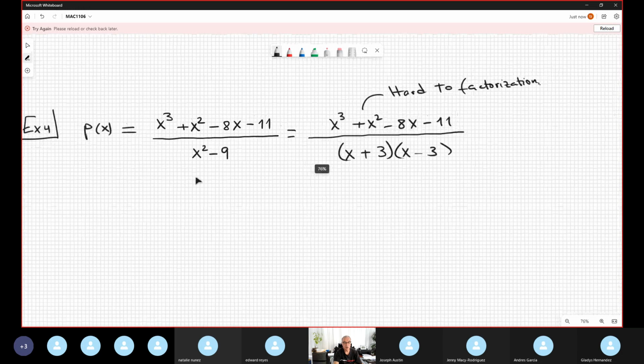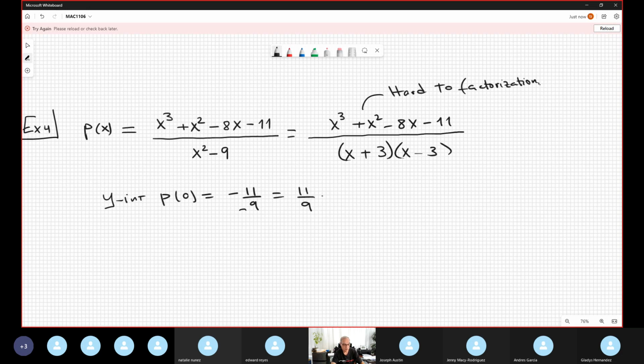But you are doing now, for example, the y-intercept. It's P evaluated at 0. It's obviously negative 11 over negative 9, so positive, 11 over 9, which in decimal is 1.2 repeated.